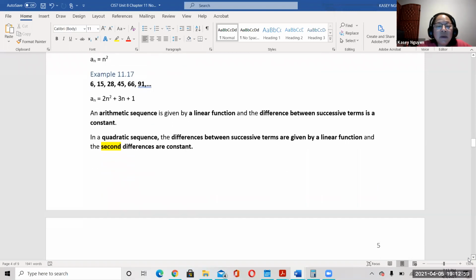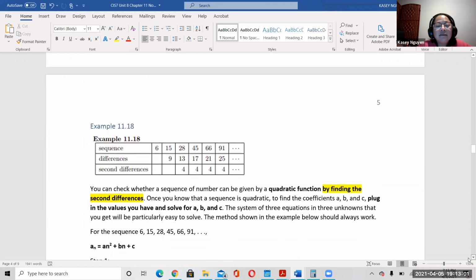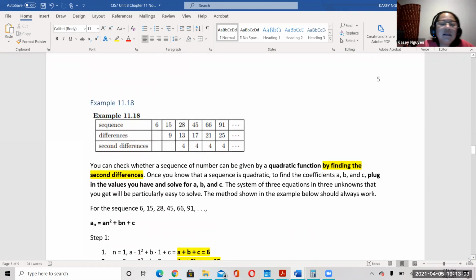Okay, what do I mean by that? Let's look at 1118. Let's say that we have this sequence: 6, 15, 28, 45, 66, and 91. First, we need to take a look at the first level of difference for each of these numbers.